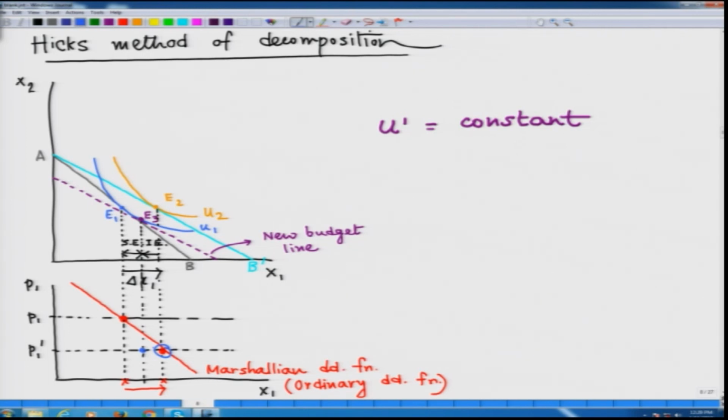So, one can also join this blue point with the initial red point, and if we join these two by say another straight line, then that also depicts a relationship between price of a commodity and quantity demanded of that commodity, and this new steeper demand function is known as Hicksian demand function, as this is coming from income adjustment and compensation of the consumer from a price change. This is also called a compensated demand function.